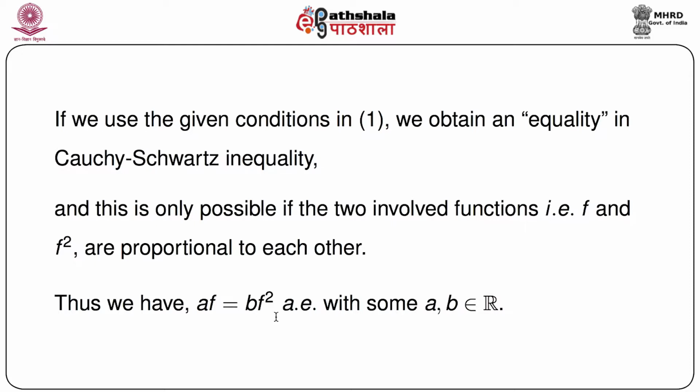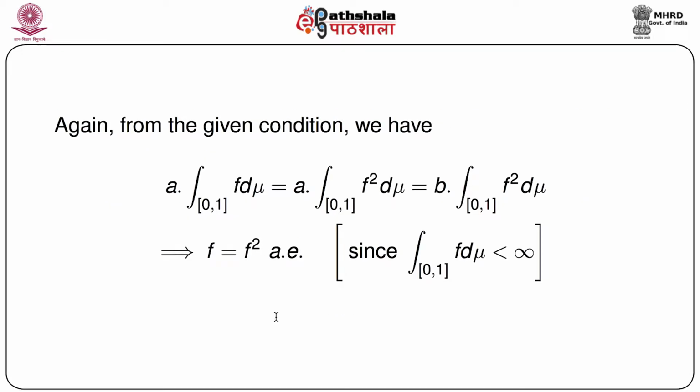So this is a very interesting situation. Very naturally we get an equality situation, and from there the condition for equality in the Cauchy-Schwarz inequality tells us af equals bf squared almost everywhere. Now, from the given condition, if we take the integral on both sides, that means a times the integral of f dμ over the closed interval [0,1], and the integral of f dμ is nothing but the integral of f squared dμ.